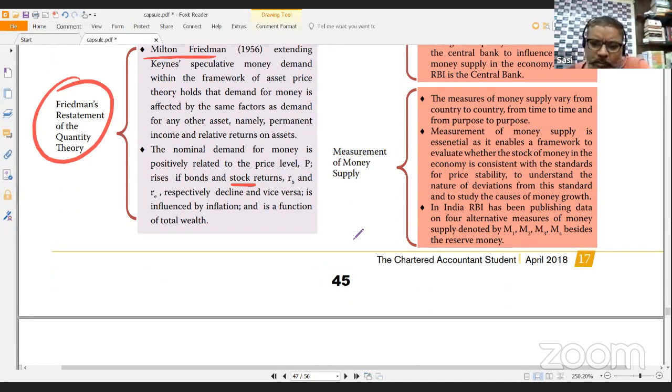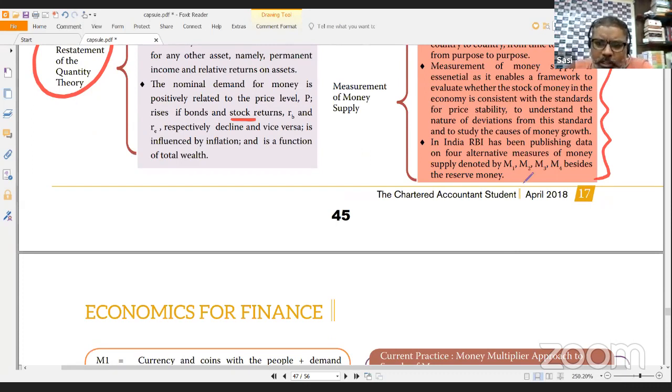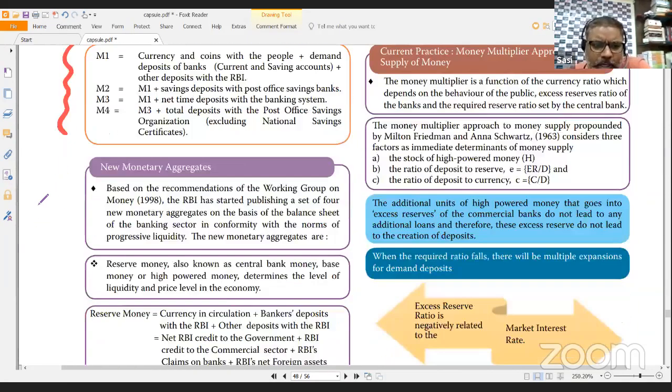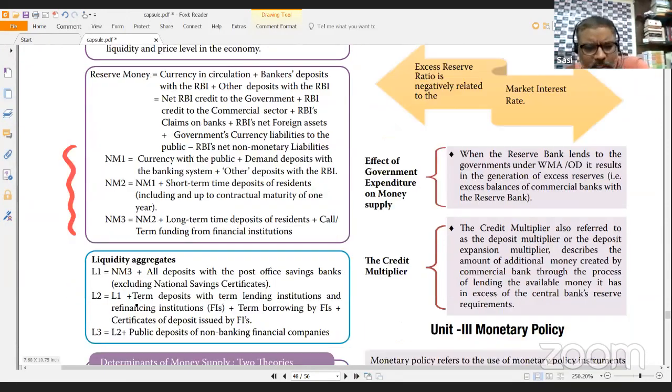And how should the measurement of money supply happen? Again, as I said, these are very technical things. You need to remember those formulae. Broadly, the measurements are M1, which is called narrow money, and then M2, M3, M4, which is called broad money. These are formulae you have to remember, which are related to the measurement of the money supply. These have been changed later on to NM1, NM2, NM3 also.